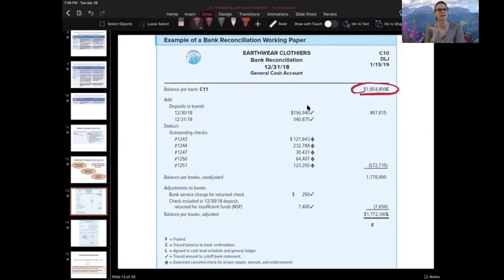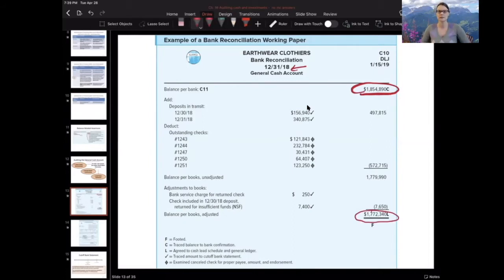So meaning this is the cash balance according to your bank as of a particular date, such as 12/31/18, right? So it's reconciling the difference between that and the cash balance per the books as of the same date, as of 12/31/18 in this case.